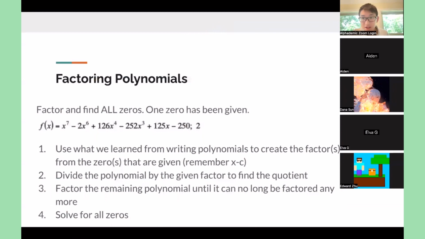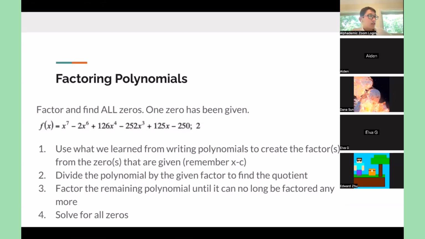Okay, so factoring polynomials. This is the example that I will be going over. f of x is equal to x to the 7th minus 2x to the 6th plus 126x to the 4th minus 252x cubed plus 125x minus 250. And then 1 zero has been given.